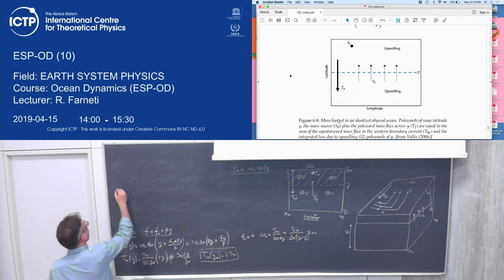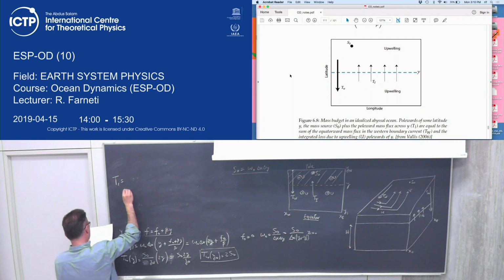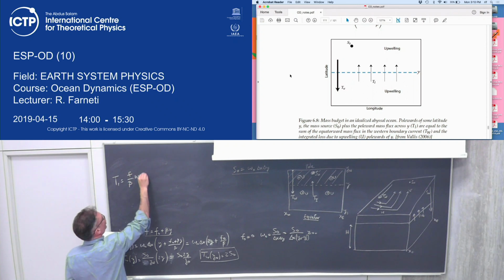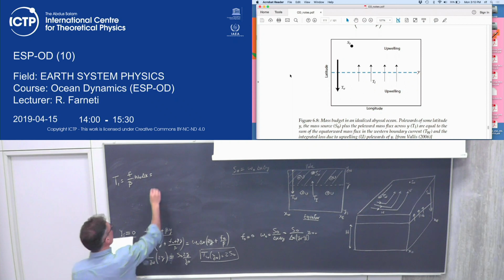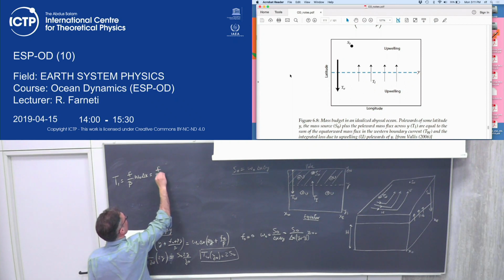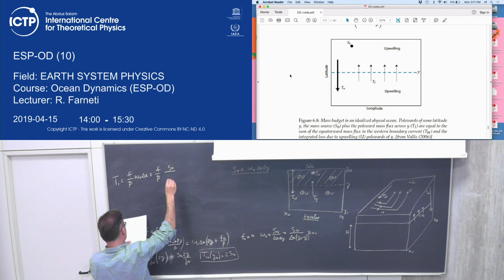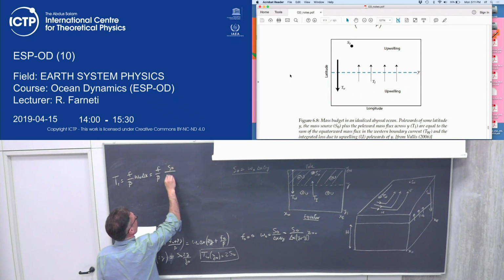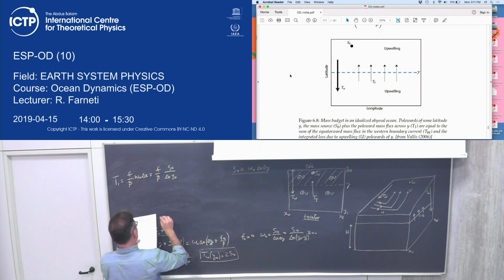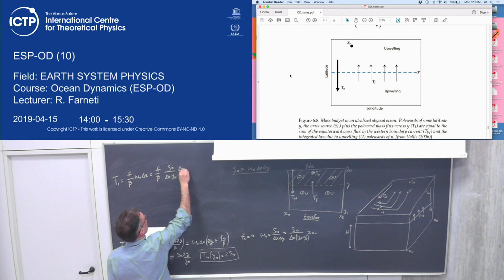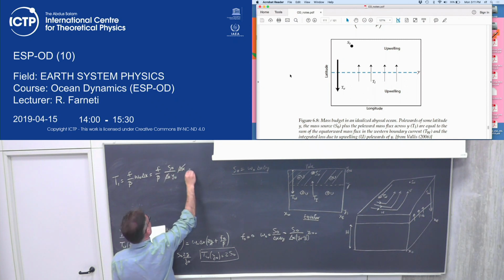If you remember, the expression for the interior transport was something like f over beta W naught delta x. This was the expression for the interior transport, which if you substitute with what we know for W naught, is S naught over delta x y north, delta x. This goes away with this.